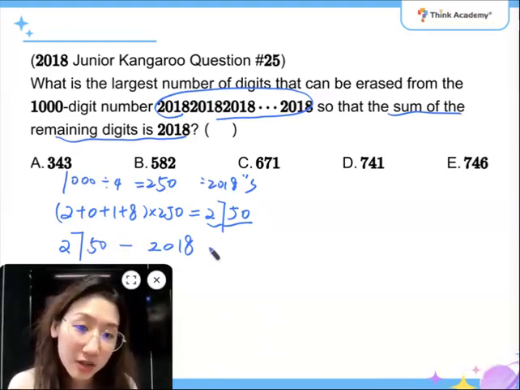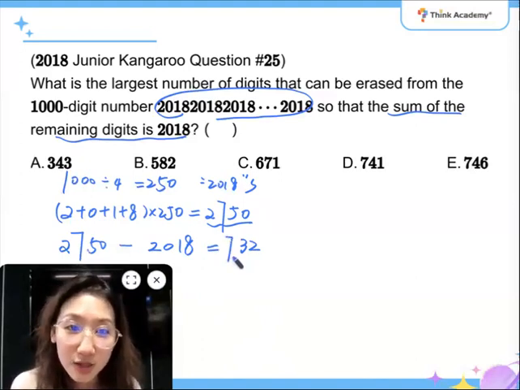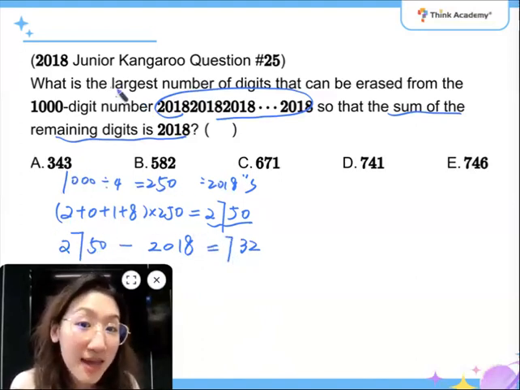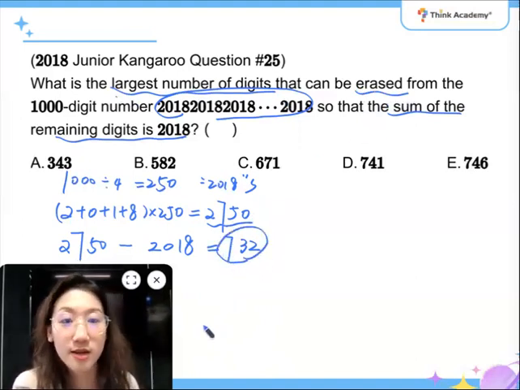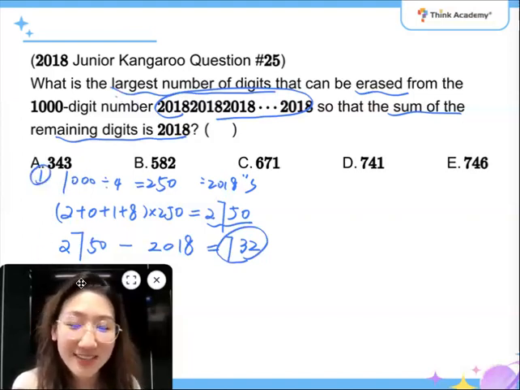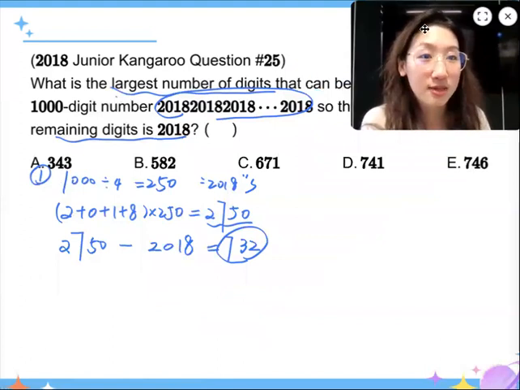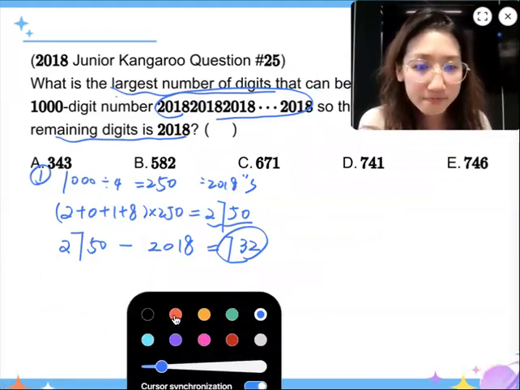If you do the subtraction, you will have 732. So the mission for us is to erase as many digits as possible so that what's being erased adds up to 732. I hope this question makes sense so far for everyone. That's the first step: find out what sum you need to erase.